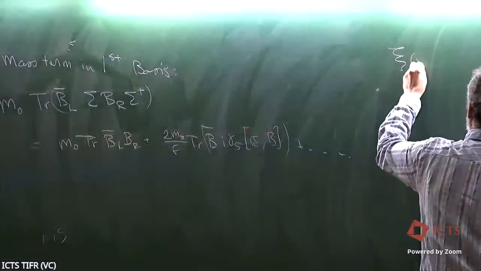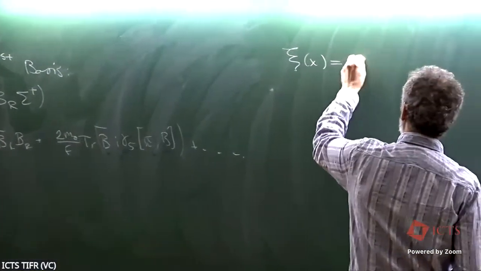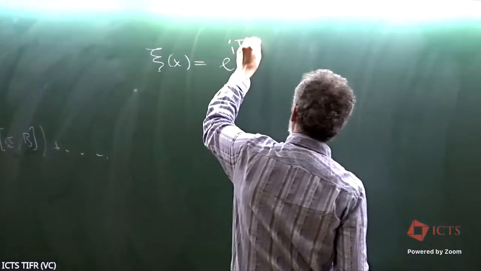So instead, we're going to come up with a new basis for the baryons, which at first seems really weird, but it's really quite pretty. Let's consider an object xi of x, which is e to the i pi of x over f.